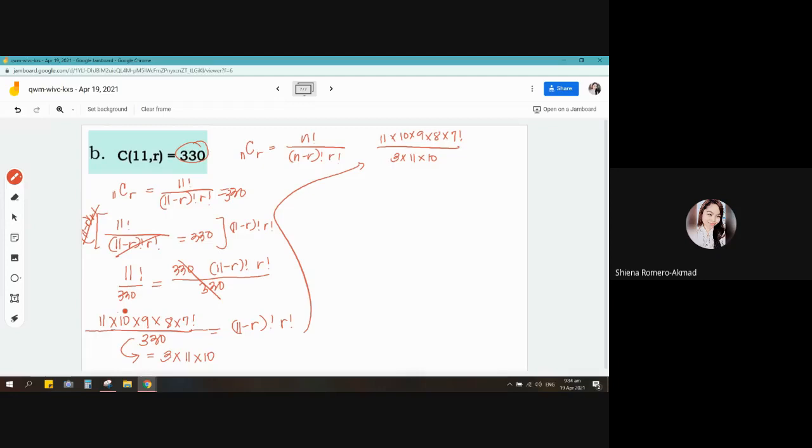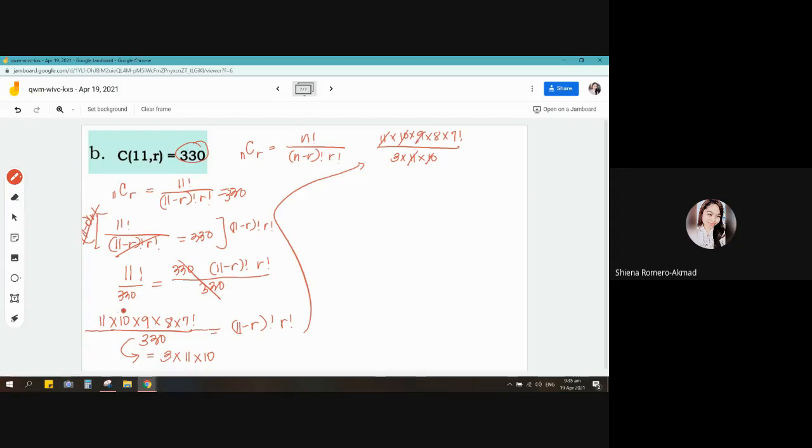Okay? Pwede natin ditong i-cancel out si 9, si 11, si 10, tapos si 3. Saan natin pwedeng i-cancel out si 3? Between 9, 8, and 7. Pwede na tayo dito. Para mas madali. Para buo pa rin yung 7 factorial.